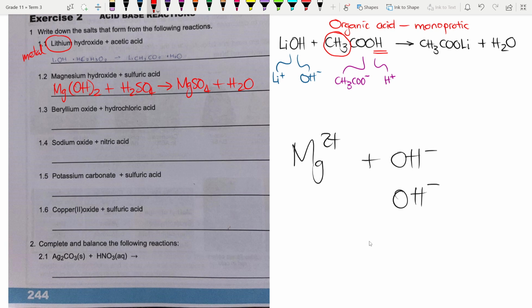Let's see if the reaction is balanced actually. We have that the OHs are not balanced. What do we need to balance it?